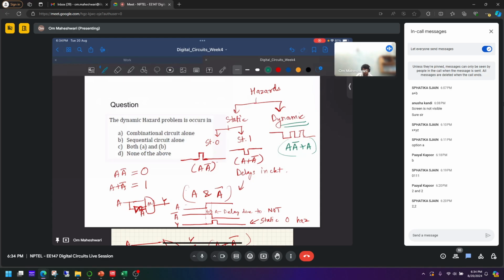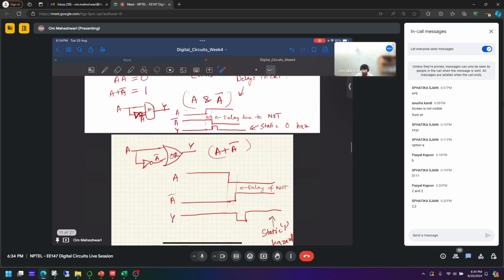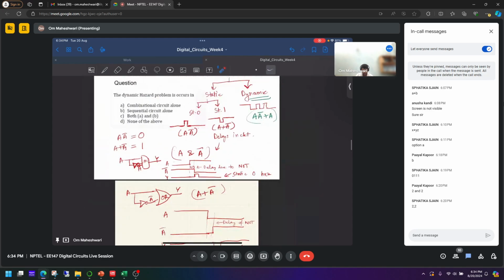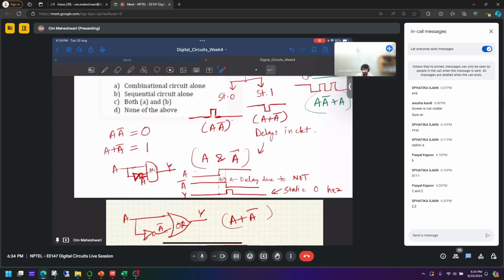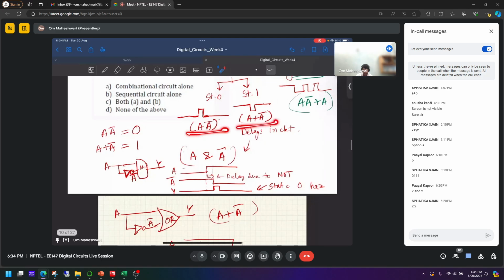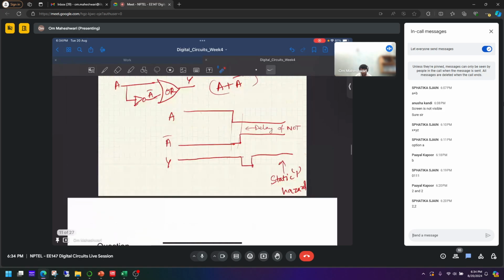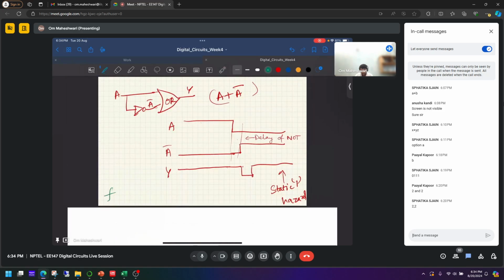Okay, so we will use all this information in the coming questions. I hope this is clear. So the point was, are these expressions clear? Why we are taking these expressions for static, dynamic, and everything? Whenever you have, let's say, any Boolean function, f equals a plus b plus c, a plus b bar plus c.